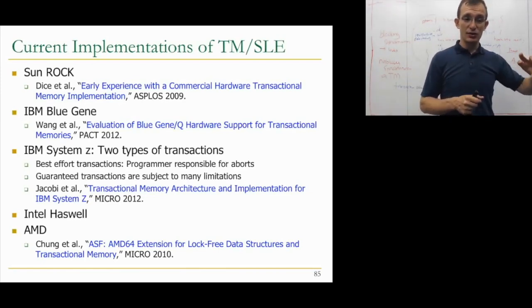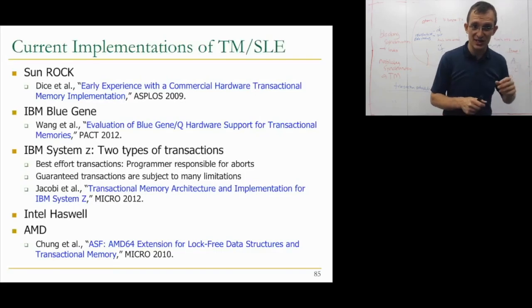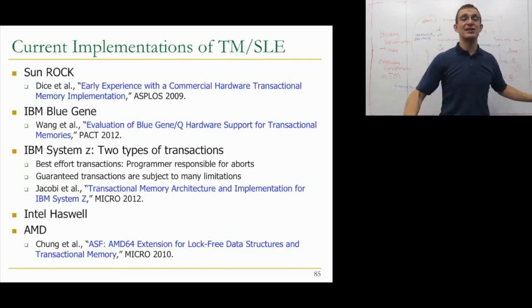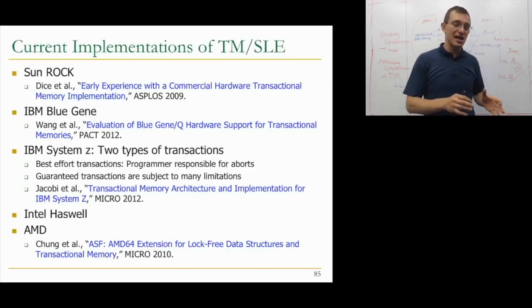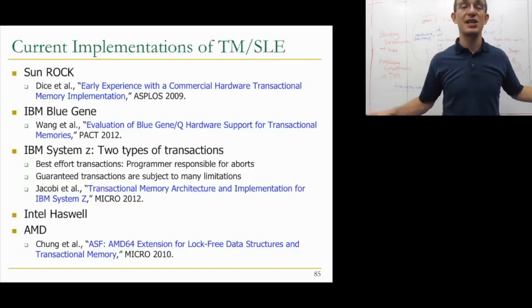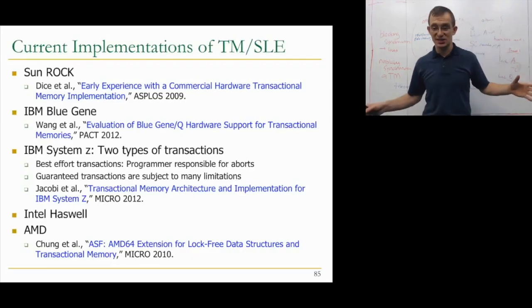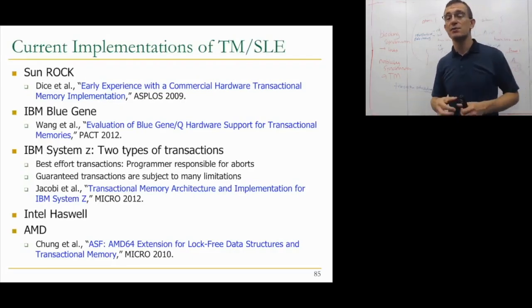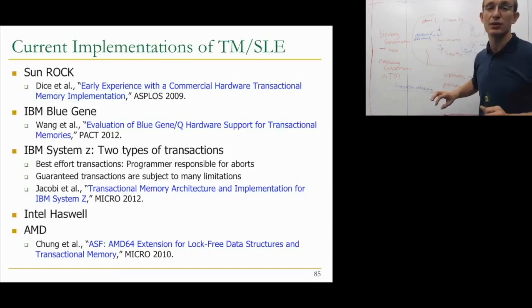So they have two types of transactions: best effort transactions, in which case the programmer is responsible for the aborts, and guaranteed transactions that are guaranteed to execute. Guaranteed transactions are subject to many limitations. For example, the transaction size or length should not be more than this. Now, why are there these requirements? There are these requirements because this implements hardware transactional memory.